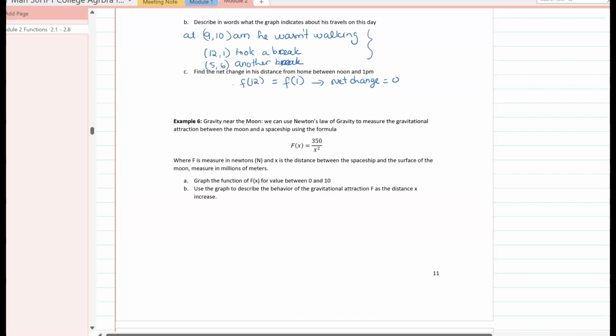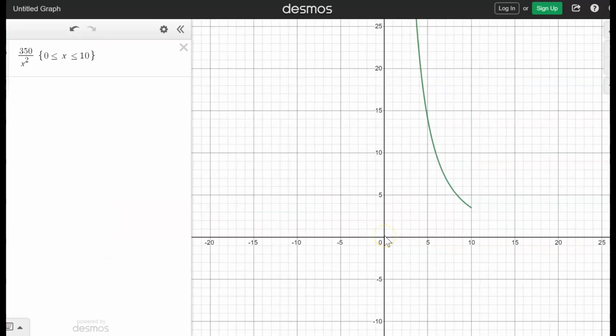I'll go ahead and use Desmos for this graph. Okay, so as we can see, if x is the distance between the spaceship and the moon, and y or f of x is the gravitational pull from the moon to the spaceship, we can see that as the spaceship gets away from the moon, the gravity acting on the ship is decreasing.